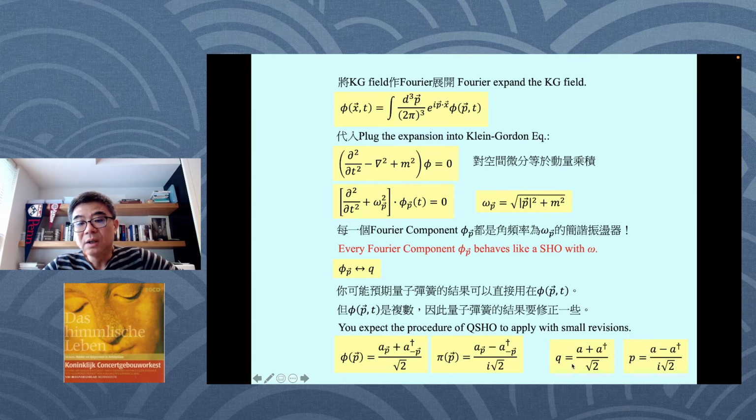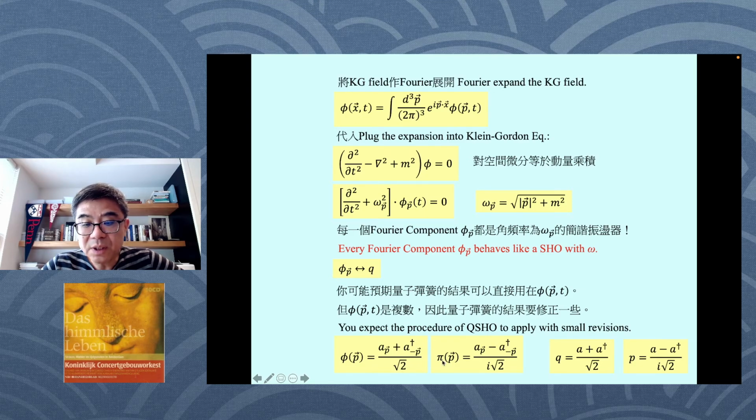For example, in quantum simple harmonic motion, I define q as a plus a dagger over square root 2. But here, I told you phi p will correspond to q. Therefore, phi p will be written as a_p plus a dagger, but with a minus sign here, over square root of 2.